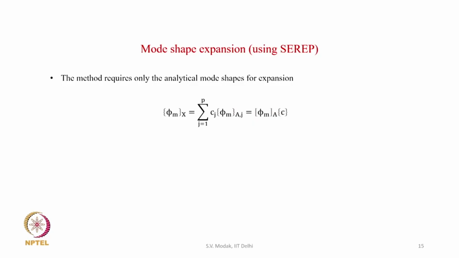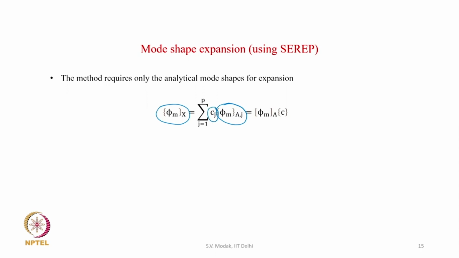Subscript x is used to represent association with the experiment, while subscript a indicates association with the FE model. So, phi m x represents the experimental mode shape at the measured degrees of freedom, and phi m a j represents the FE model mode shape corresponding to measured coordinates, where j is the FE model mode shape number, and Cj is the coefficient corresponding to the jth FE model mode shape.